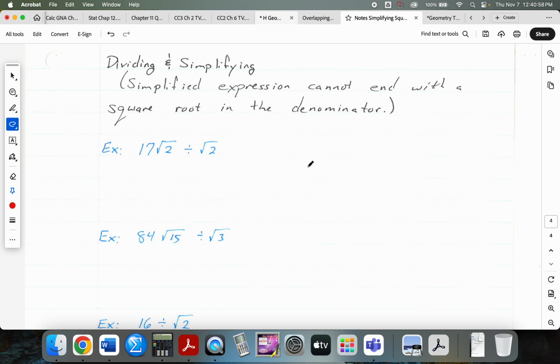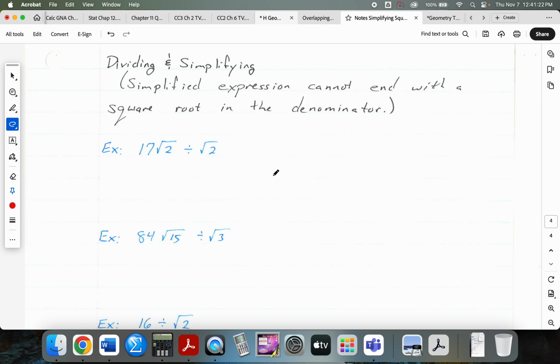The reason for that actually predates calculators. If you're trying to divide by the square root of 2, which is approximately 1.414, that's ugly. If you can make it so that you have a whole number on bottom, so you're dividing by like 2, that's a lot nicer.